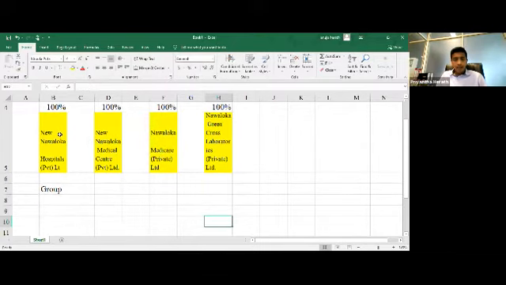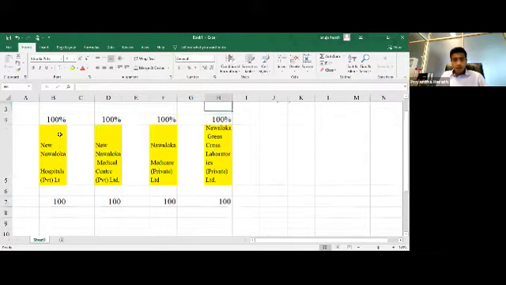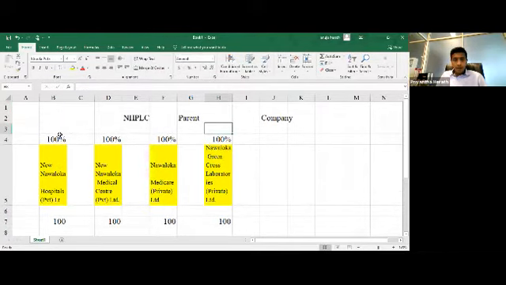And let's say the turnover of this company is 100, and this company is 100, this company is 100, this company is 100, and Hospital PLC, their turnover, let's say 200. What's the turnover of the group?